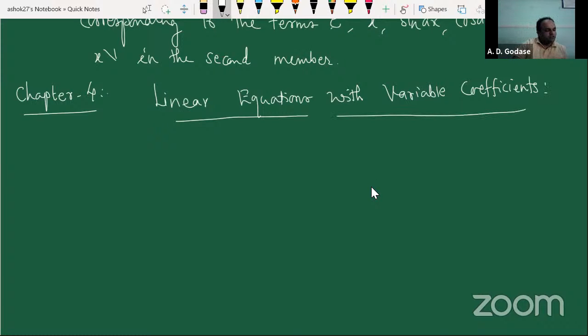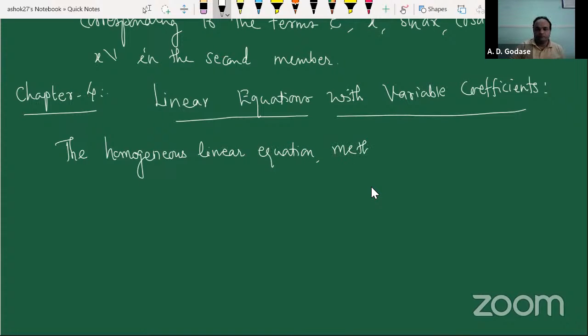In this chapter, we'll see first the homogeneous linear equation, then methods of finding solution.